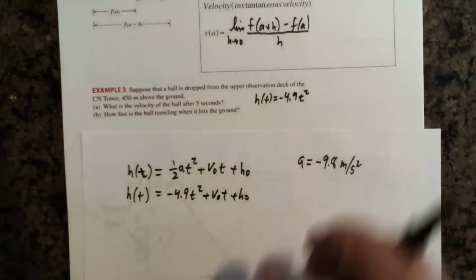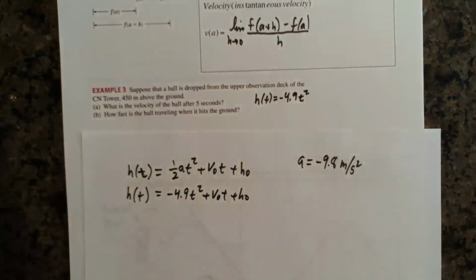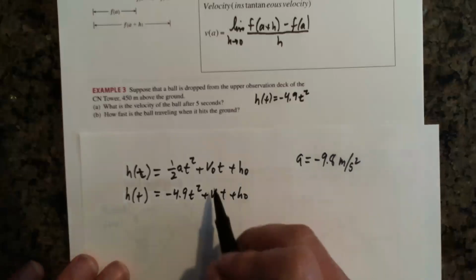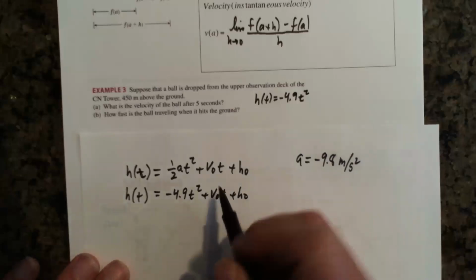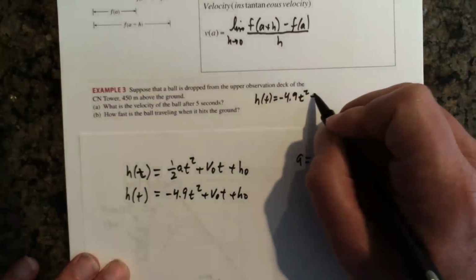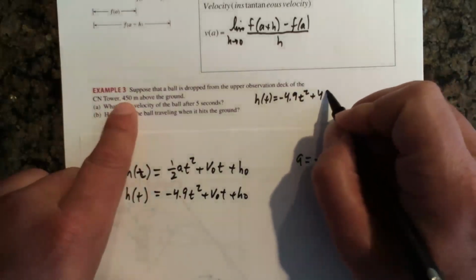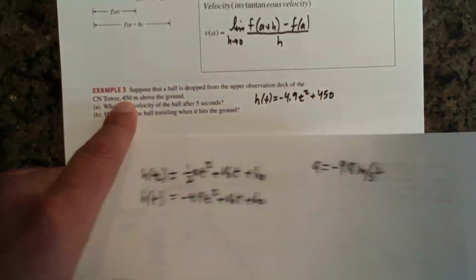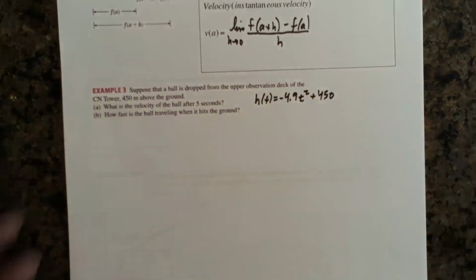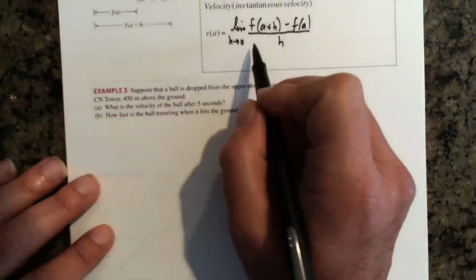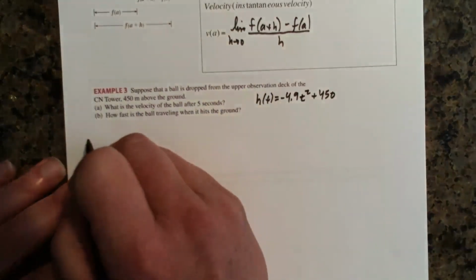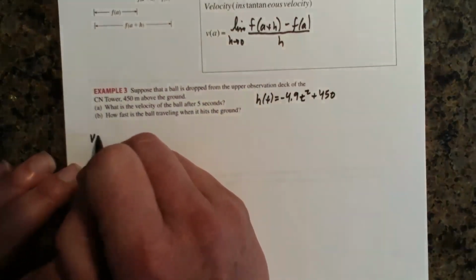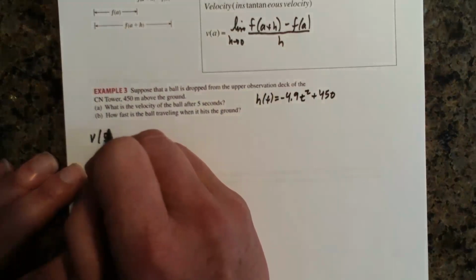So when you let go of something, initially, it has no speed. So the v naught here is 0. However, the initial height is 450 meters off the ground. So this is our formula. Now, our velocity formula is going to be here. So v of t, actually v of 5, pardon me.